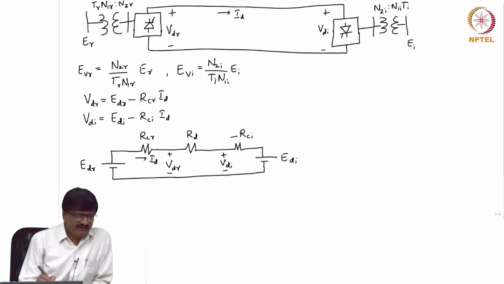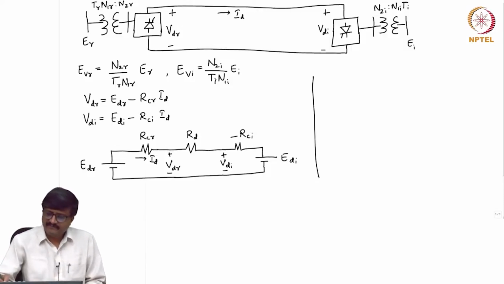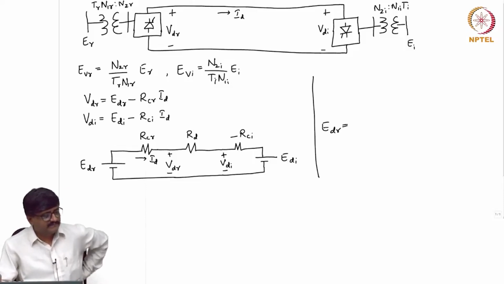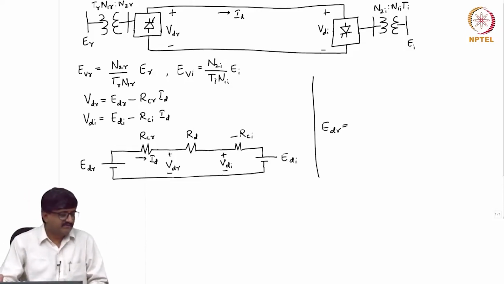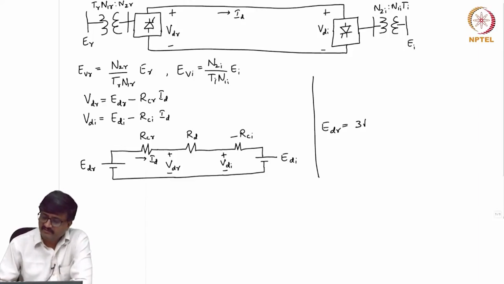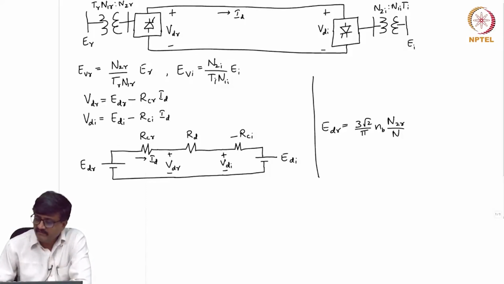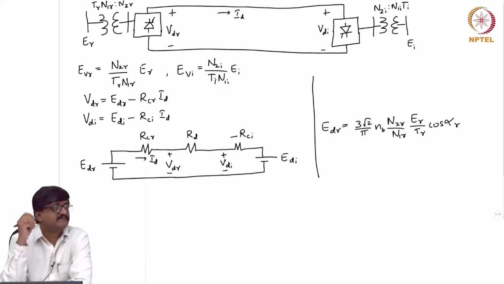So, we got an expression for EDR. What is EDR? Do you recall EDR? It is 3 root 2 by pi, NB, N2R by N1R, ER by TR, cos alpha R. Is this okay?